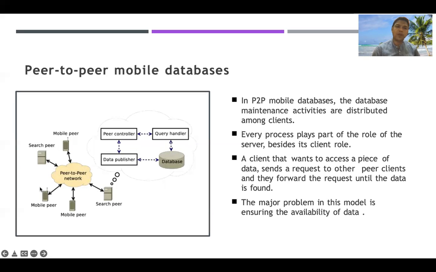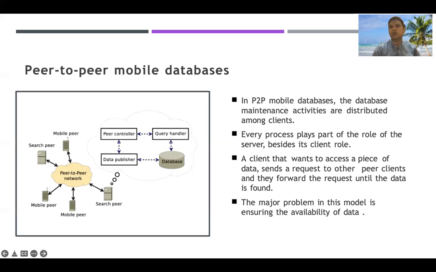So this is what we call peer-to-peer. It means that we have more than one client, and they communicate with each other, and all the data is controlled or stored in a single database. A client that wants to access a piece of data sends a request to other aspiring clients, and they forward the request until the data is found.